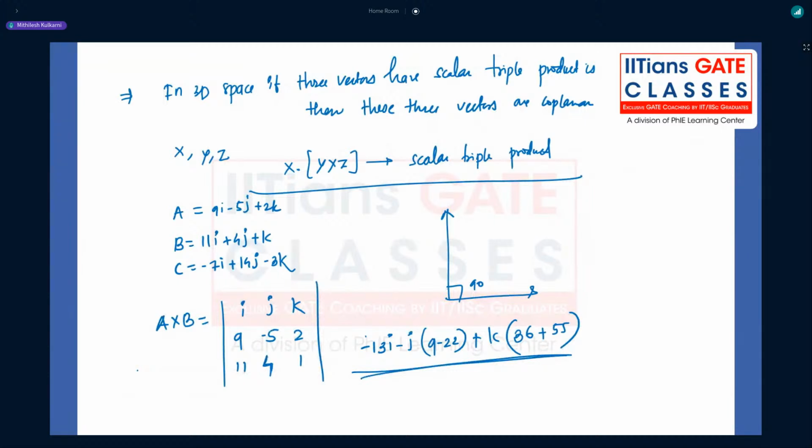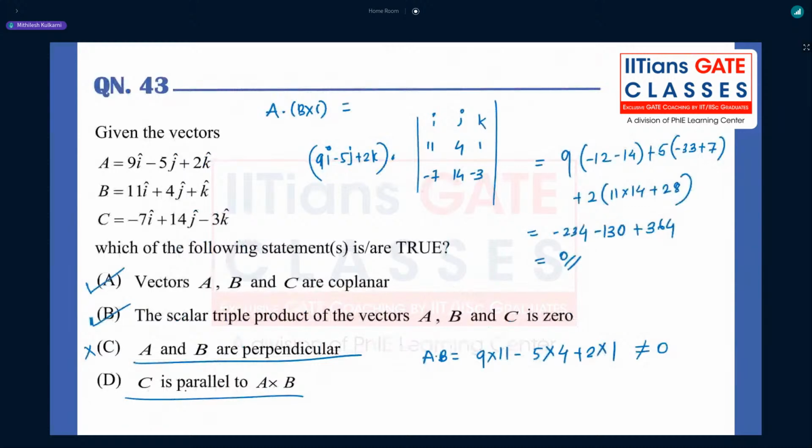I have done that calculation, so directly I'm saying that if you take a cross product again with this, you will not get 0. So this option also you can neglect. Hence options A and B are correct in this case. Any doubt in this question?